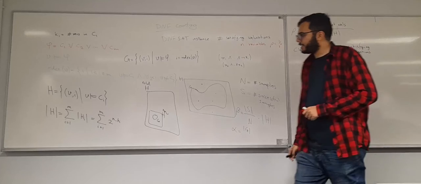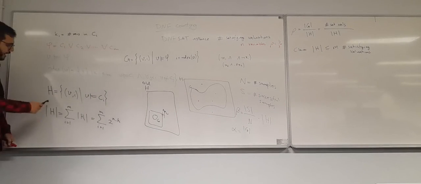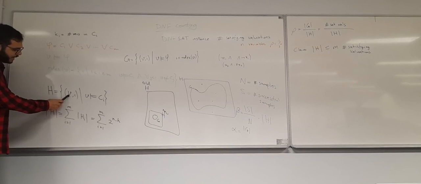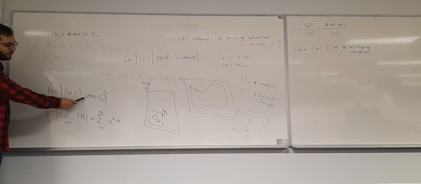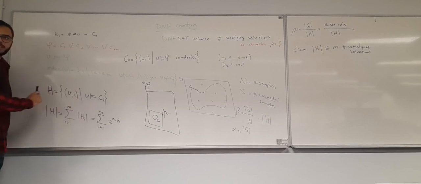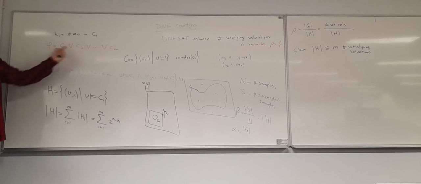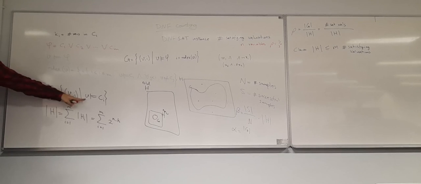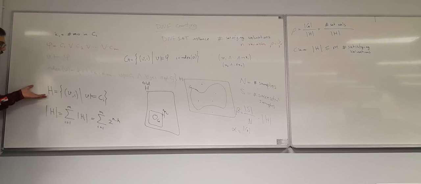So let's go back here and let's look at our definition of H. Every point in H is a pair of a valuation and an index, right? But this valuation has to satisfy the clause Ci, right? But our formula was in DNF. So if this valuation satisfies Ci, it definitely satisfies the whole formula. So in my set H, I don't have anything that does not satisfy my formula.